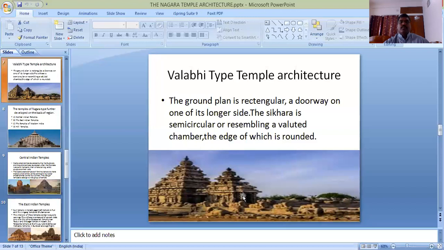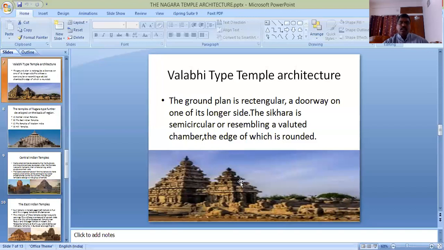That means the Pallavi type of temple architecture, whose plan is rectangular, has a doorway on one of its longer sides.